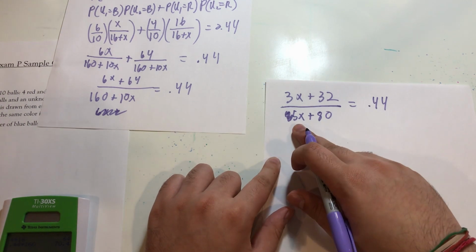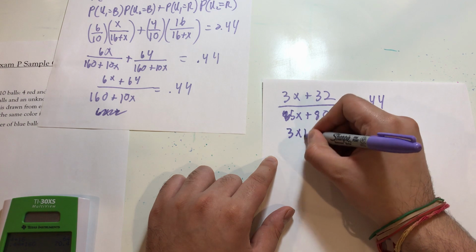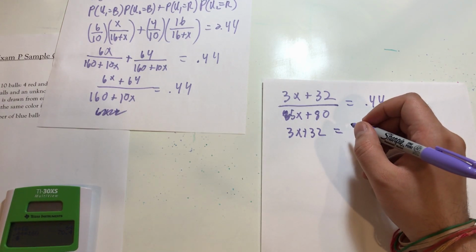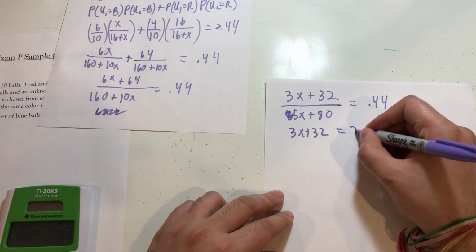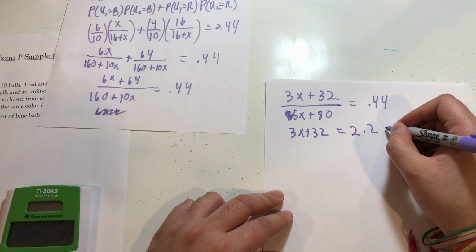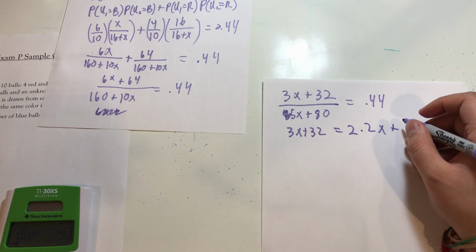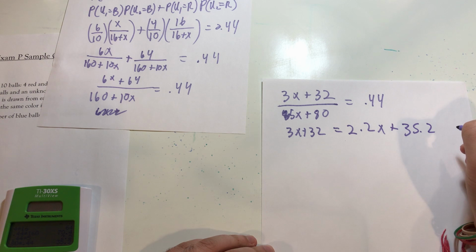Okay, so now I multiply this to the other side. So I get 3x plus 32 is equal to 0.44 times 5, which is 2.2x, plus 80 times 0.44, which is 35.2.